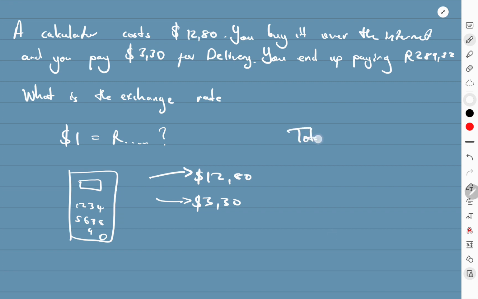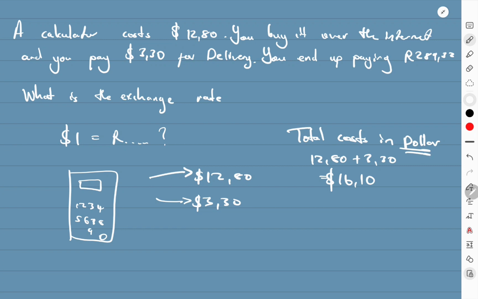The total cost in dollars is $12.80 plus $3.30. In total, you have paid $16.10. Therefore, this is the total cost in dollars.